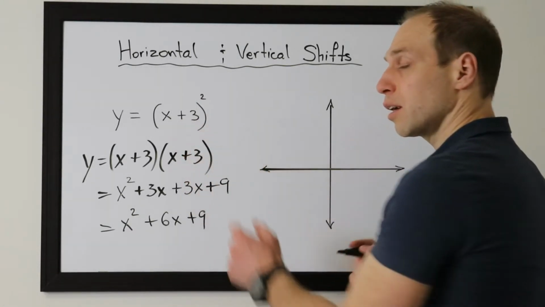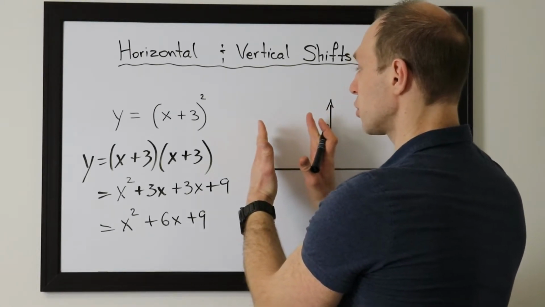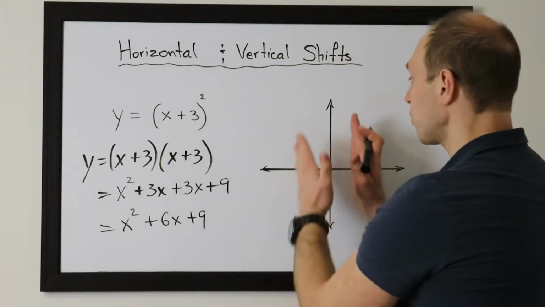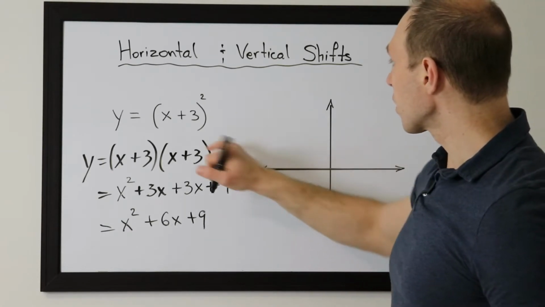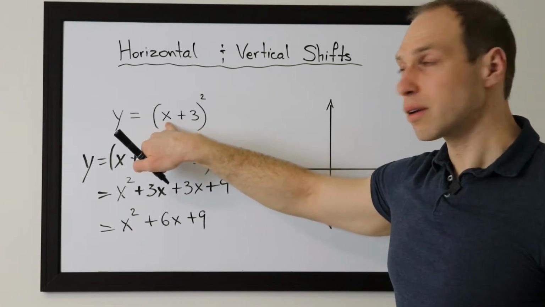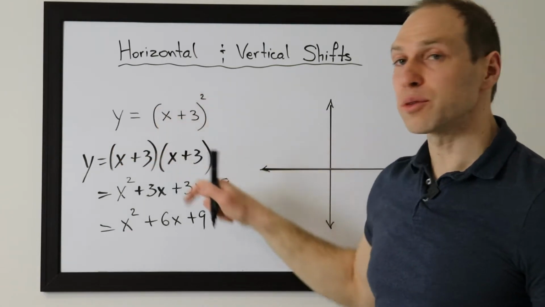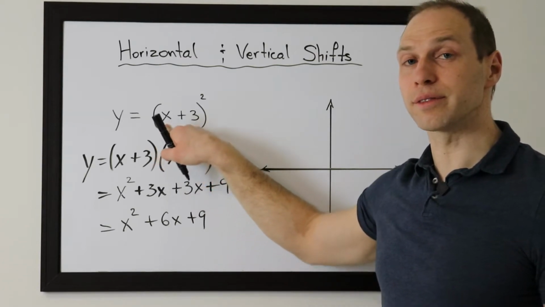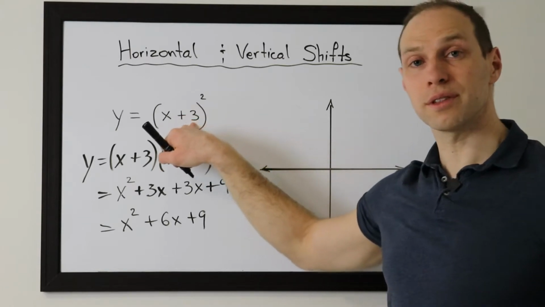If you see a plus sign, the parabola has a horizontal shift towards the left. If it had a negative sign, the parabola would actually shift towards the right. Let me show you why. If you were to make this expression such that all of this would have to be equal to 0, x would have to have a value of -3. -3 plus 3 would give us 0.